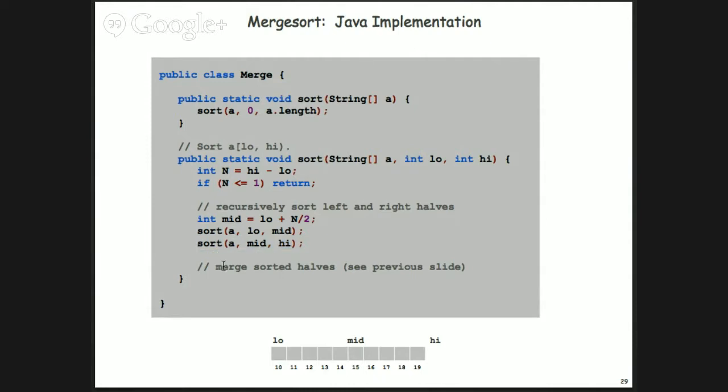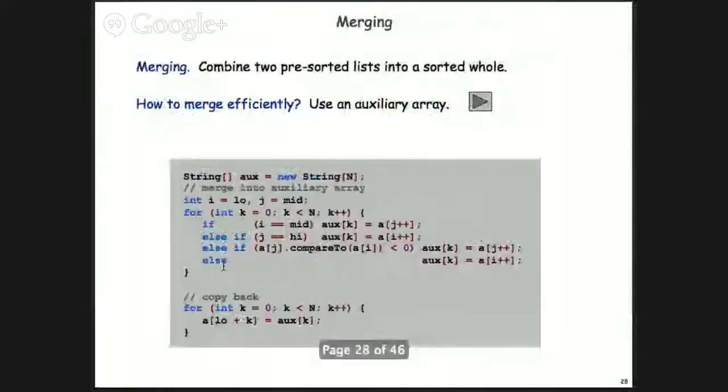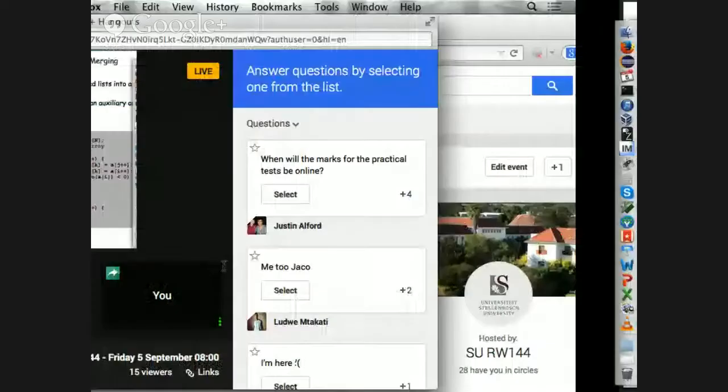Right, let's look at merge, because merge is perhaps the trickiest part of this algorithm. So I've got two arrays, a left array and a right array, and I want to sort them into one. There is one big downside to merge sort, and that is the following.